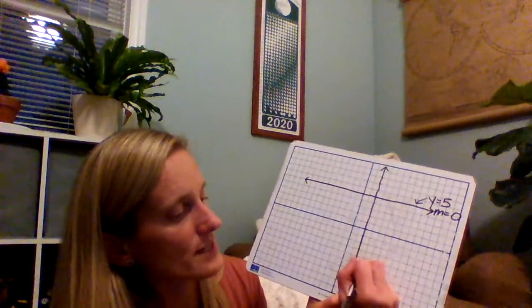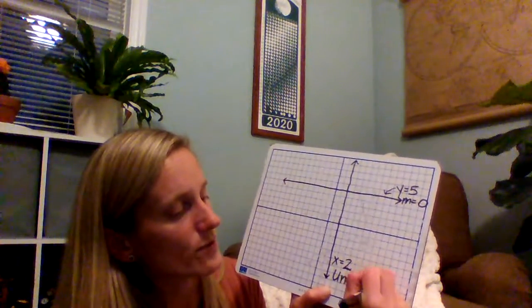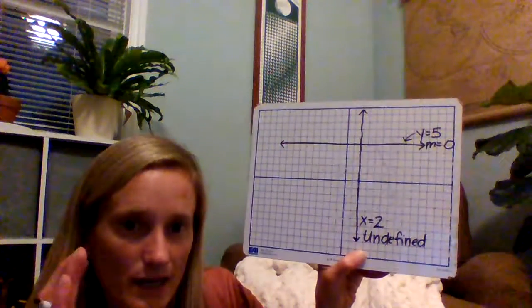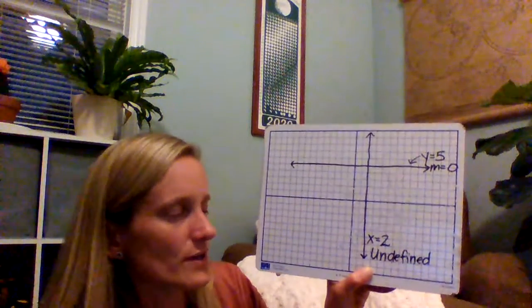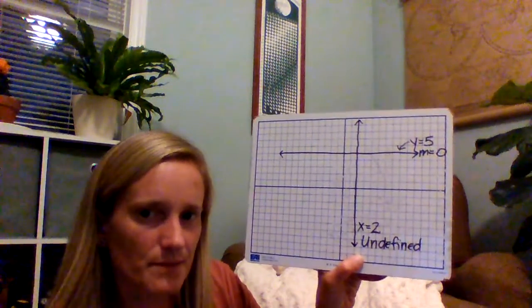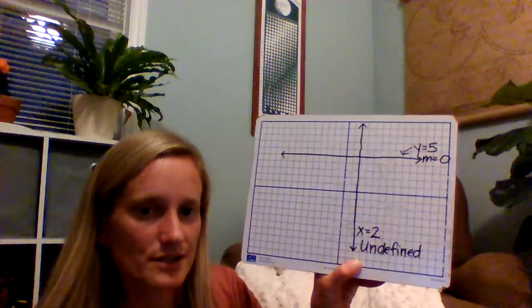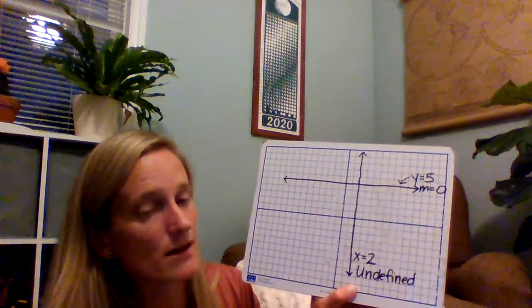But the slope here is undefined. In other words, when I go to find the rise over the run, this line has all rise. It's definitely going up, but it has no run. So if I were trying to count it out, I'd have a 0 in the denominator, which we can't have. So the slope is undefined. So horizontal lines have a slope of 0, vertical lines are undefined.